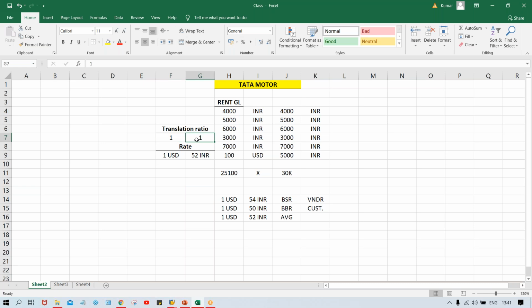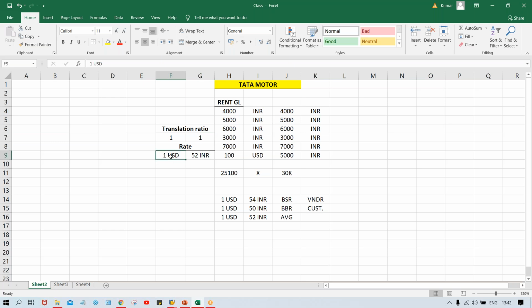If I specify a 1:2 translation ratio, it means the relation between these two currencies is 1:2. So how is the system going to identify the rates? First of all, 1:1 itself. Let's suppose 1 USD equals 52 INR, and in the translation ratio also, for USD, it is 1:1. So how is the system going to calculate the rate?